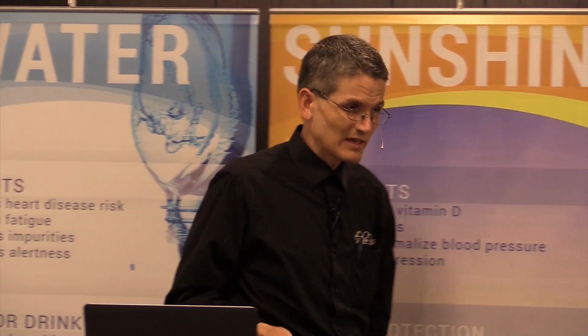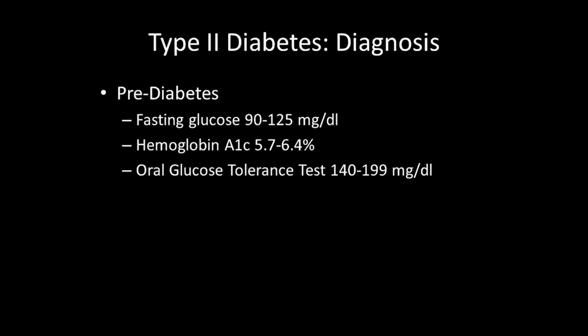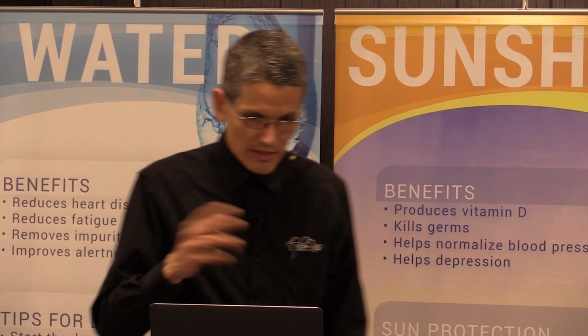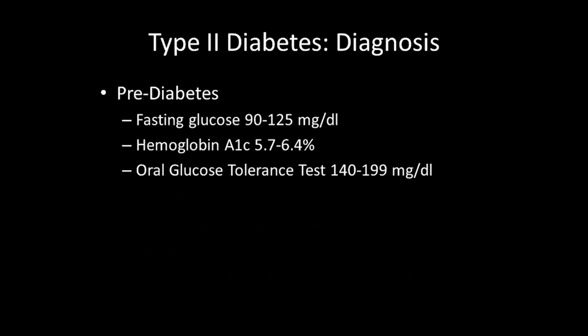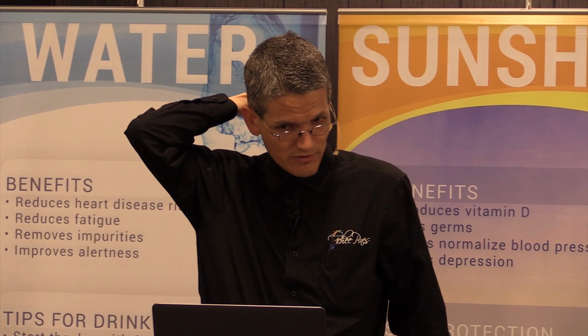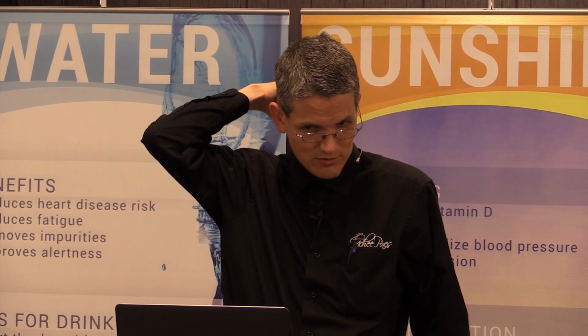All right, so type 2 diabetes, how are you going to diagnose it? Well, you got to do blood work. And pre-diabetes, this is before you get to diabetes, but you're already on the pathway. With pre-diabetes, you have a fasting glucose of between 90 and 125. And I'll tell you that those numbers are different than what you'll find in your lab.